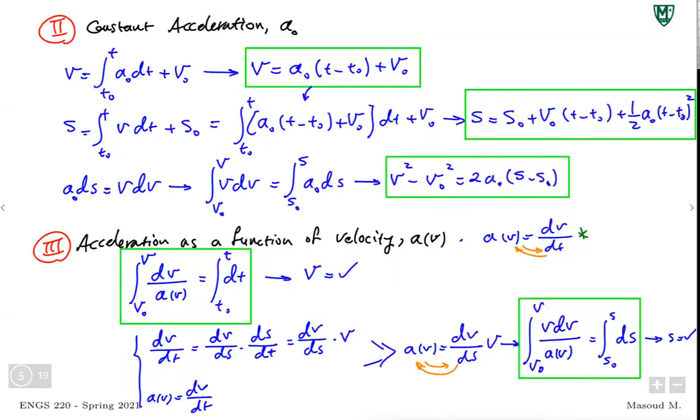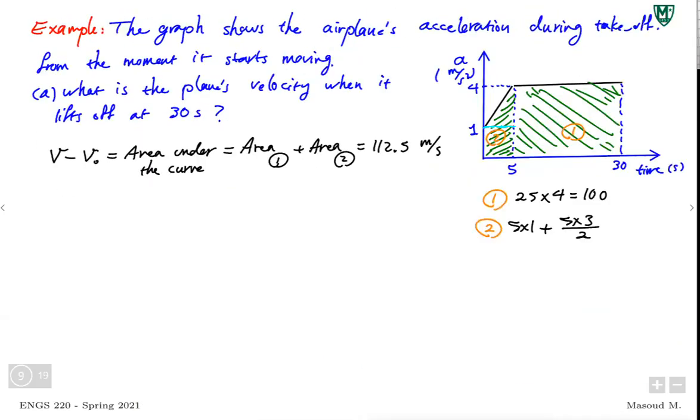Now, this is V minus V naught. What I'm asked to find is the plane's velocity when it lifts off at 30 seconds, at t equals 30 seconds. So I'm looking for v. How do I find v?